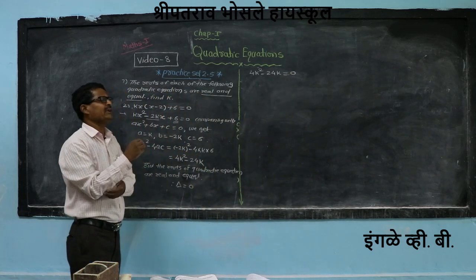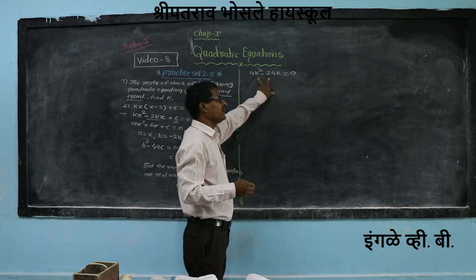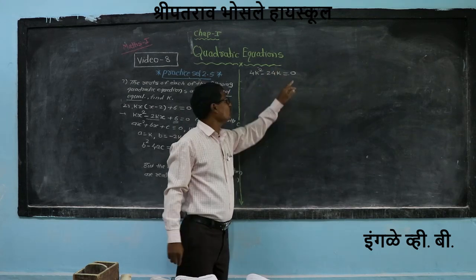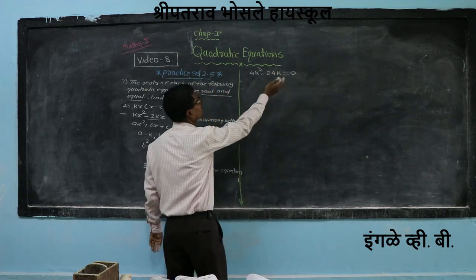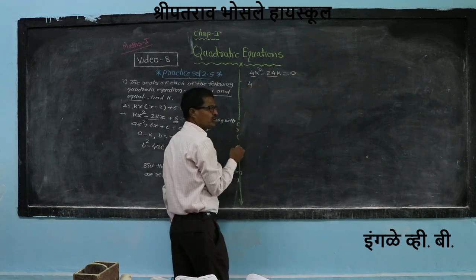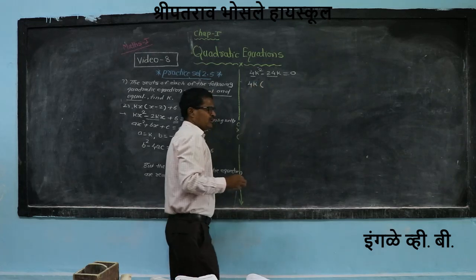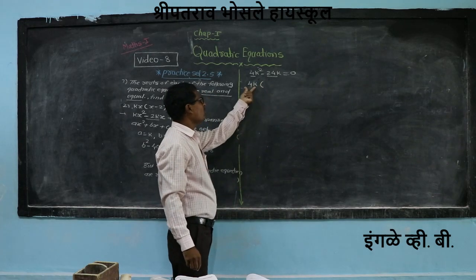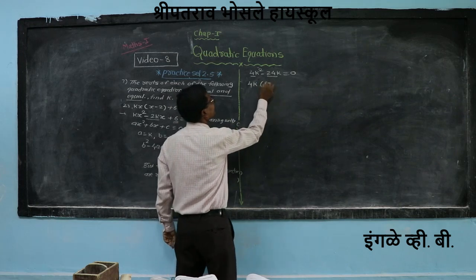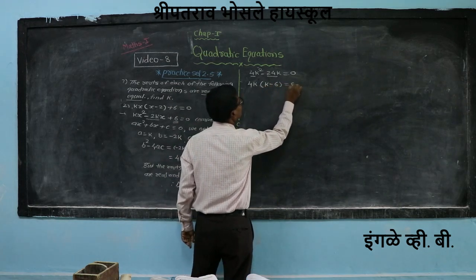Here we again get a quadratic equation, but in this quadratic equation there is no third term. So take common from 4 and 24, the common factor is 4, and from k square and k, the common factor is k. Taking 4k common, the remaining bracket is k minus 6 is equal to 0.